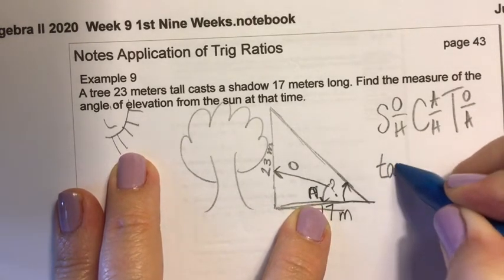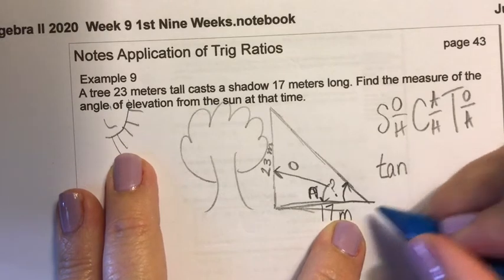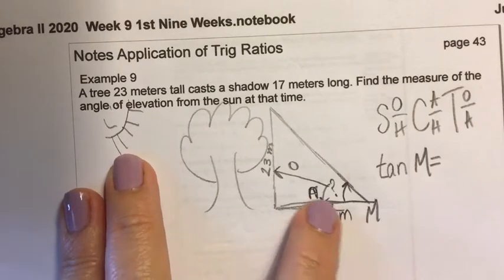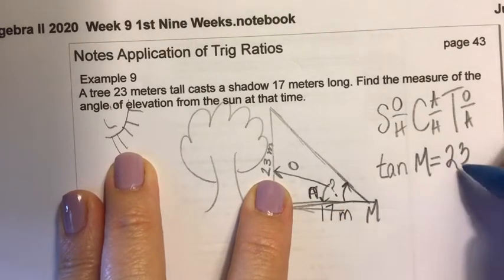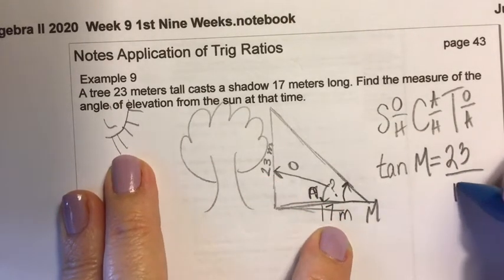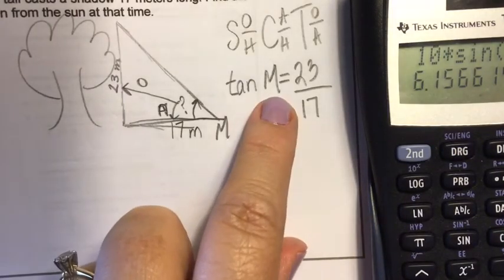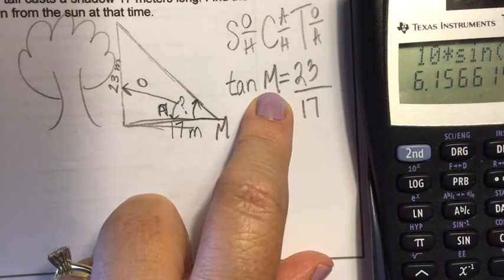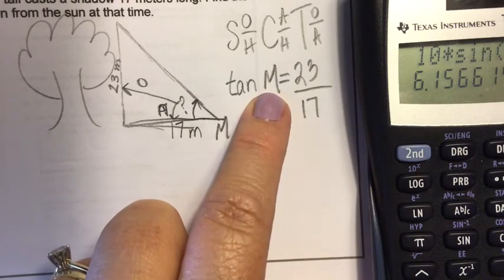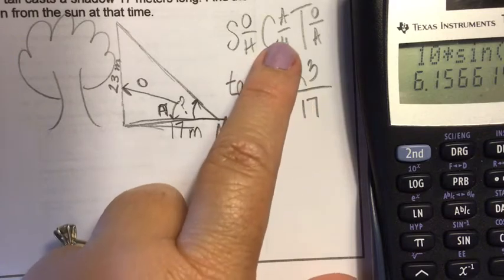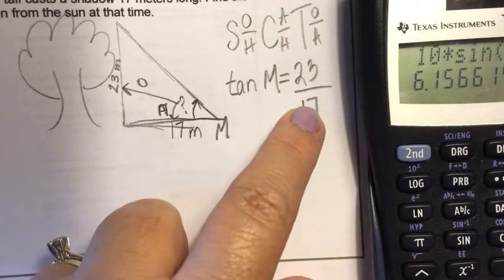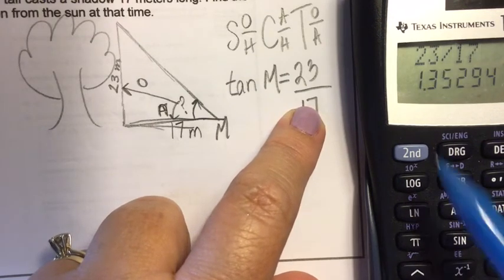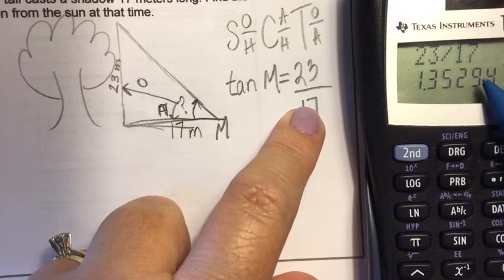So the tangent of my missing angle, I'm going to call that M, is going to be 23 over 17. Do I need to use inverse tangent? I need to use inverse tangent because I don't know an angle. The first thing I need is the decimal approximation for 23 divided by 17. 1.3529.